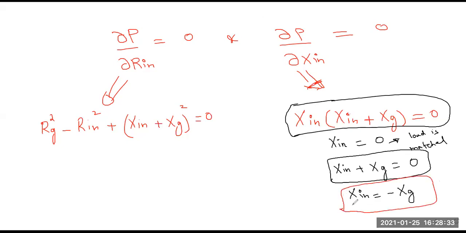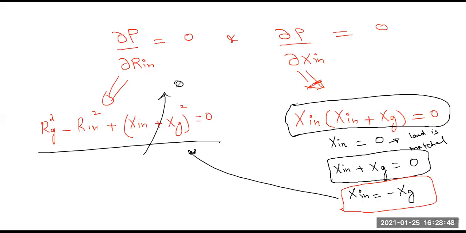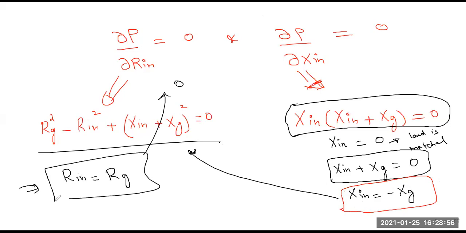And once you have this condition, you can come back to the second equation that you have derived. If you put Xn equal to minus Xg over here, this will be 0, and then you have Rn equal to Rg, because Rg square minus Rn square will be equal to 0, and then Rn equal to Rg.